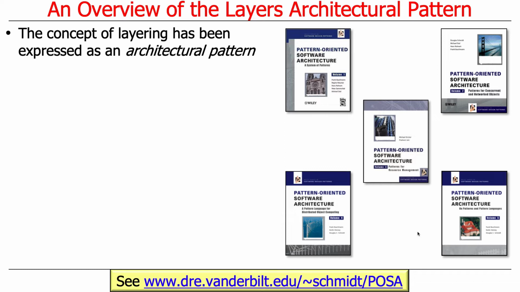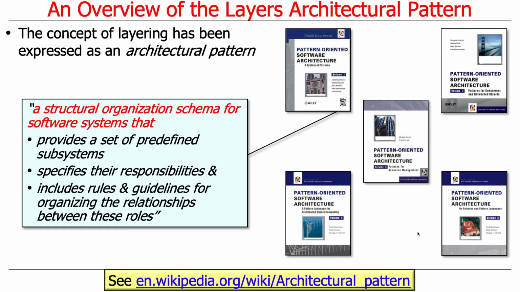So architectural patterns, as the name implies, are looking more architecturally at what you're trying to do. Basically, if you take a look at what an architectural pattern is, it has a bunch of stuff. It's a structural organization schema. Think of a schema kind of as a blueprint, perhaps, or a boilerplate template.